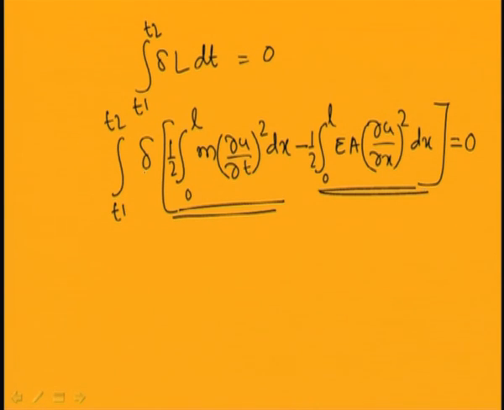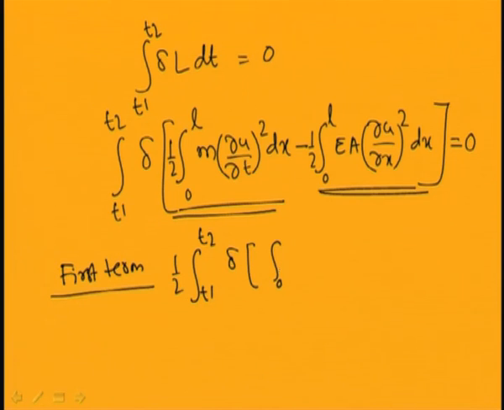By taking the first integral, the first term I can write equal to integral T1 to T2 del of, half I can take out, del of integral 0 to L m del u by del t whole square dx, with dt outside.